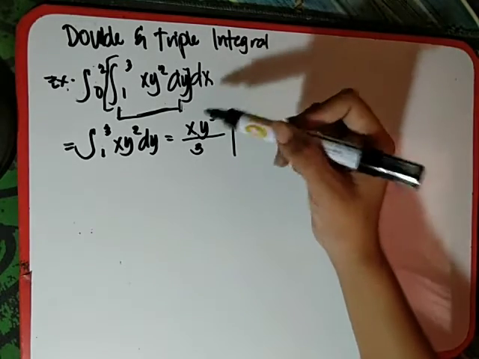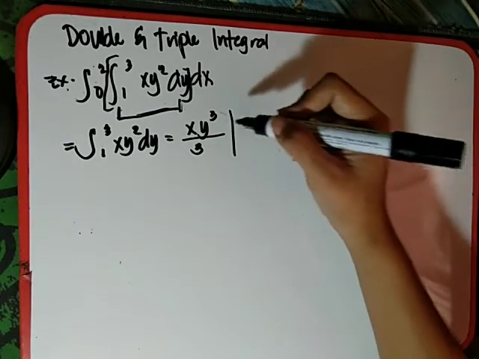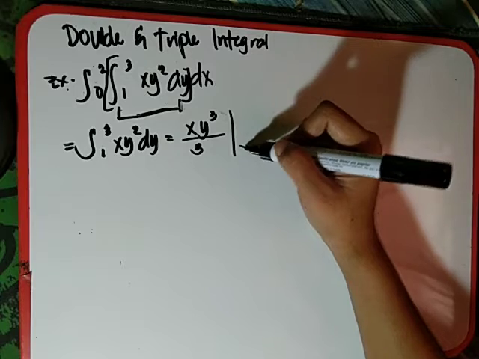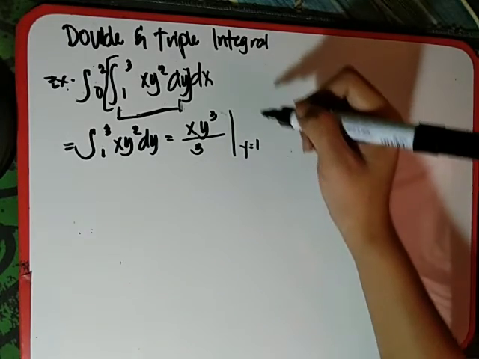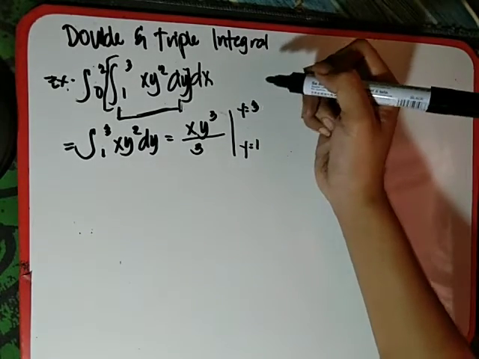Because we have two variables, we will make y equal to 1 to y equal to 3.